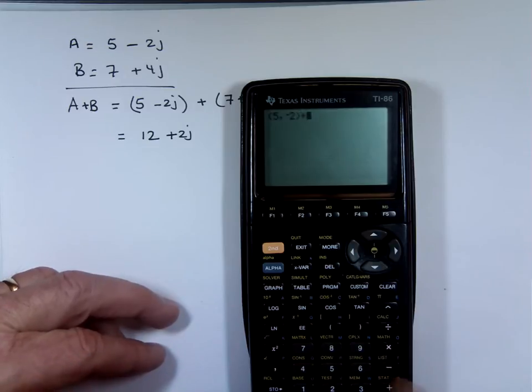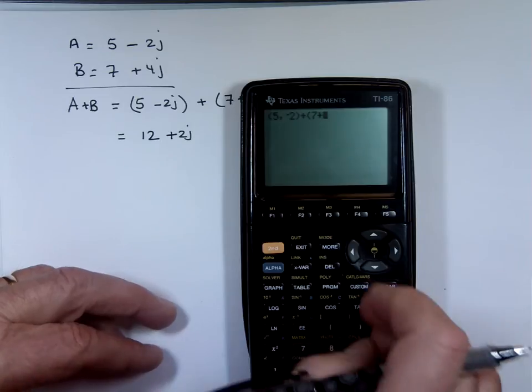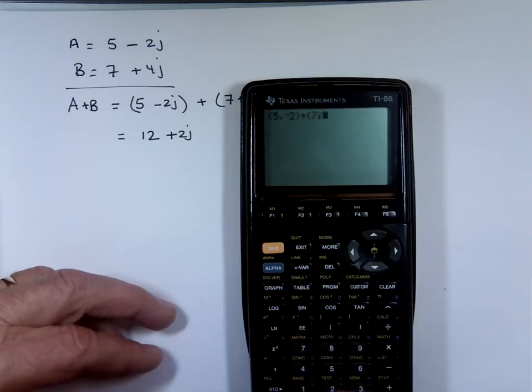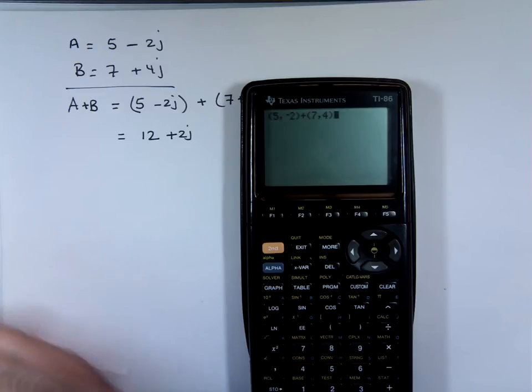I want to add to that 7 plus, I can't do plus on this, you do comma, 4. And if I hit enter, it should give me 12 comma 2. There we go, 12 comma 2. 12 plus j2.